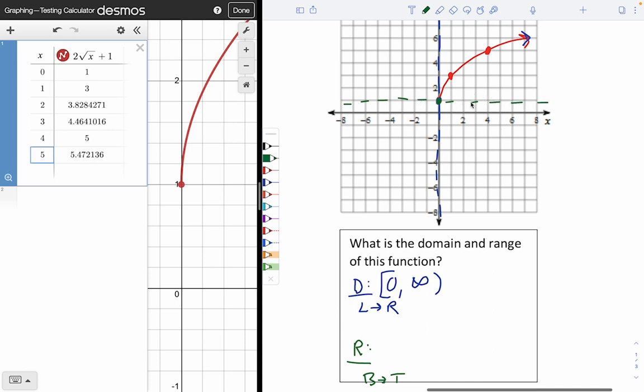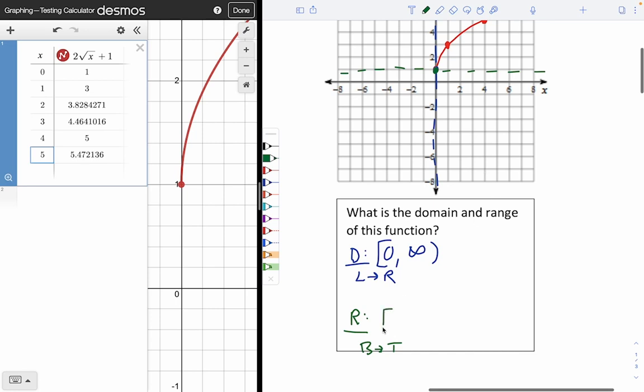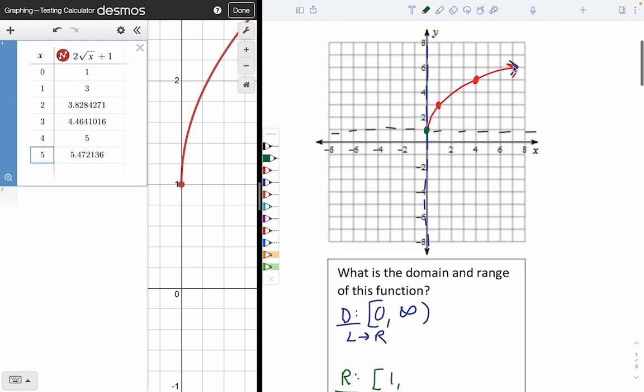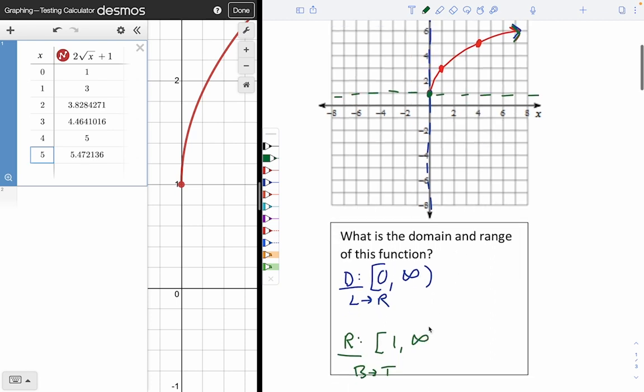So the bottom point has a y value of 1, so my range will start at 1. Then you find the topmost point. Well, the topmost point is an arrow, so the top will be up to where? Infinity. And there's our range. So we found our domain and range for that as well.